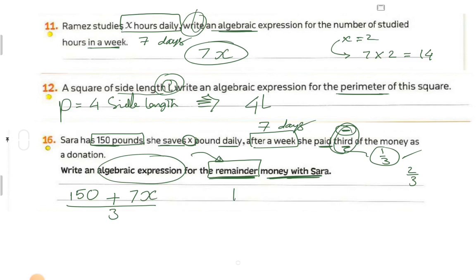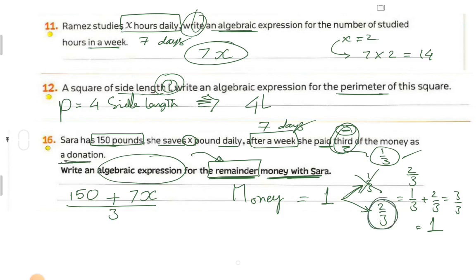Because if the money equals 1, it's a whole number, I split it into 1/3 and 2/3. Because 1/3 plus 2/3 equals 3/3 equals 1, the total amount of money. I paid this part as a donation. What's the remainder? 2/3 of the money.